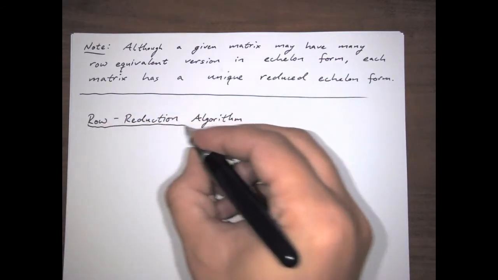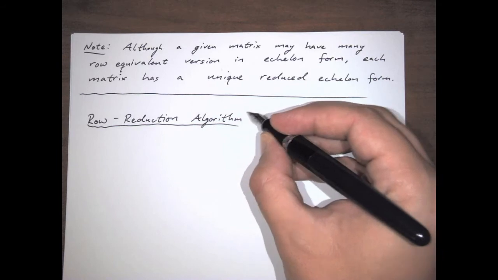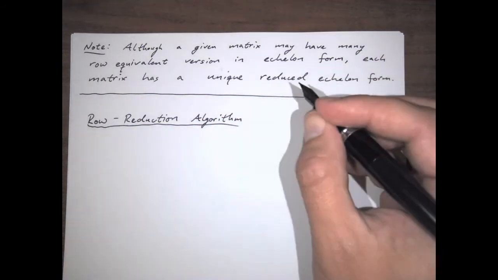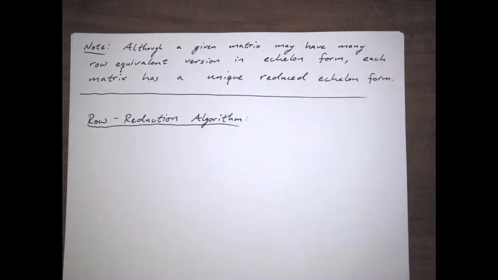Also, this is sometimes called Gaussian elimination, named after Carl Friedrich Gauss, who was one of the great mathematicians of the 19th century. He was considered, even in his own time, to be one of the greats.